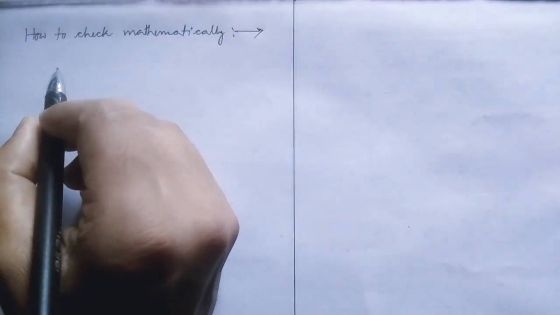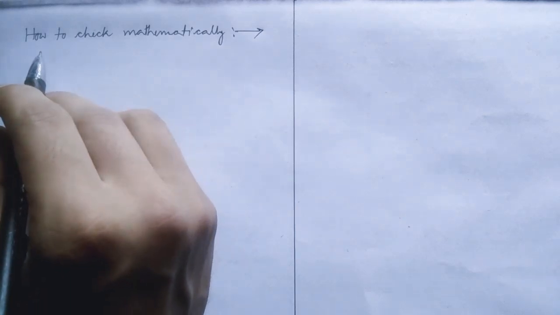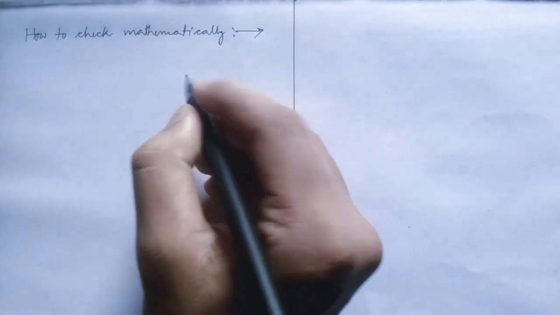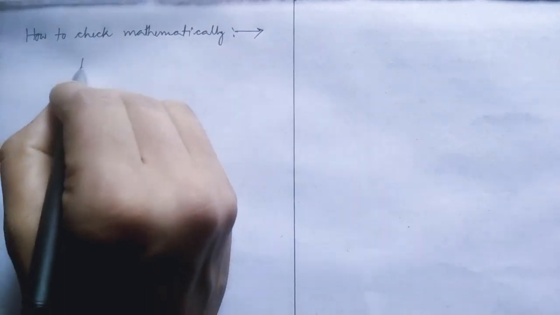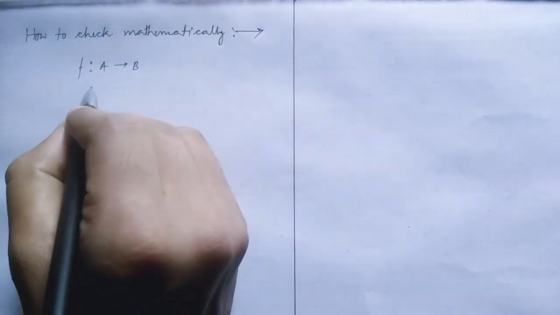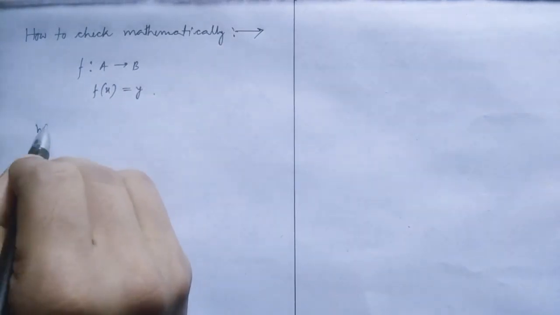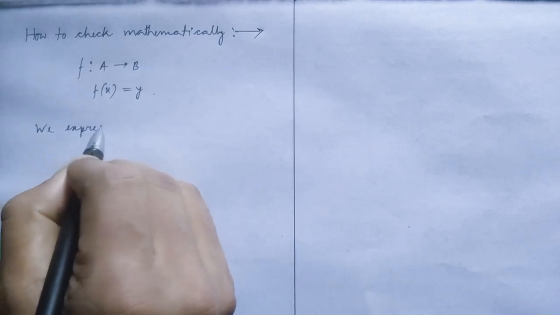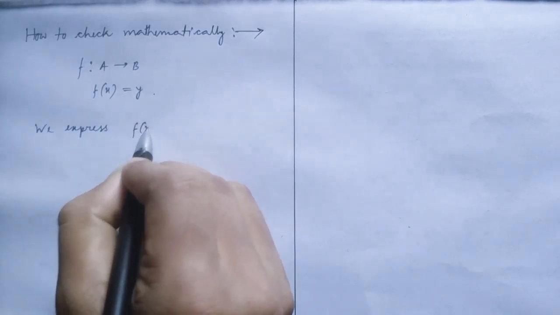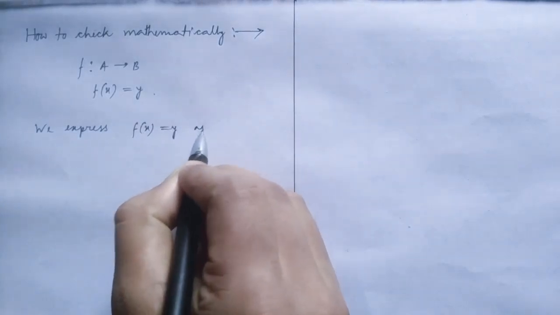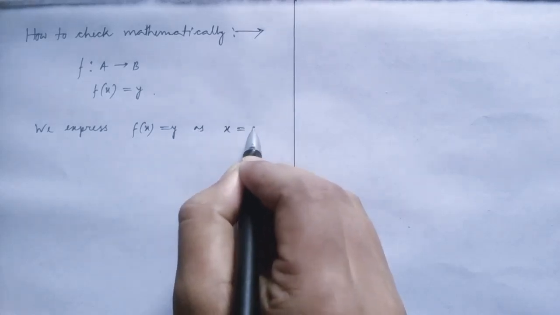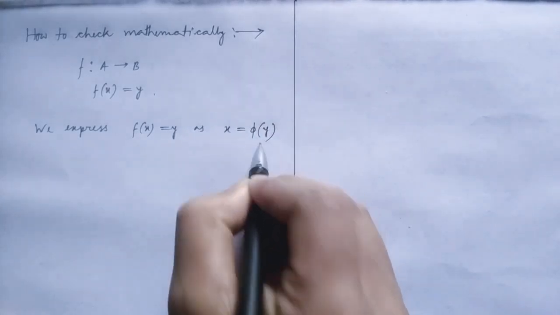Now we are going to discuss how to check mathematically whether a function is onto or not. Suppose f from A to B, this is our function, and f(x) equal y. First of all we express f(x) equal y as x equal phi of y.